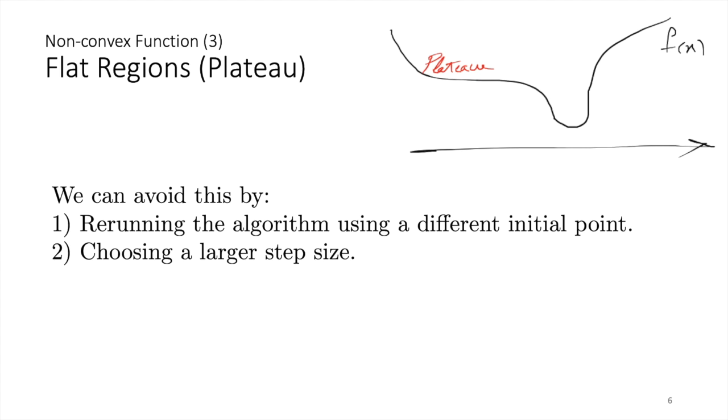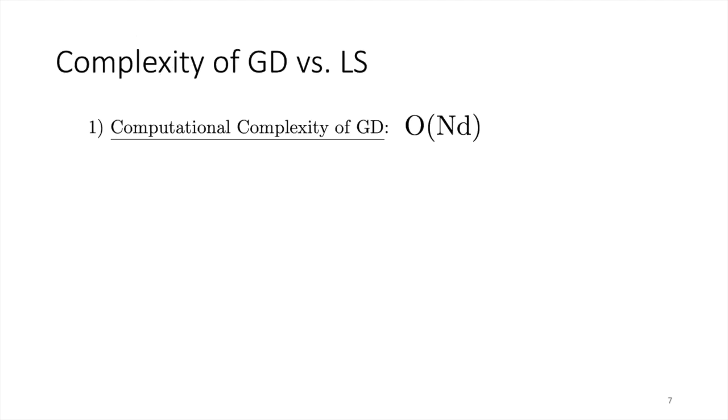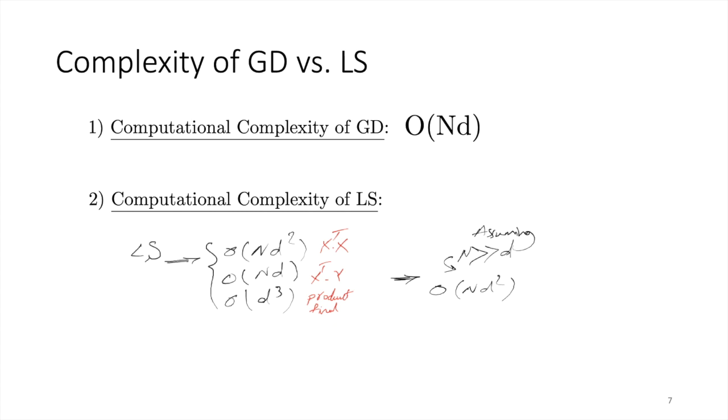So these are the different things that you can apply in order to come up with a good enough stop condition. We also finalized it with a comparison between the computational complexity, or the big O, of gradient descent and the least squares method. We came up with O of the order of N D, where N was your number of observations or rows, and D was the number of your features.